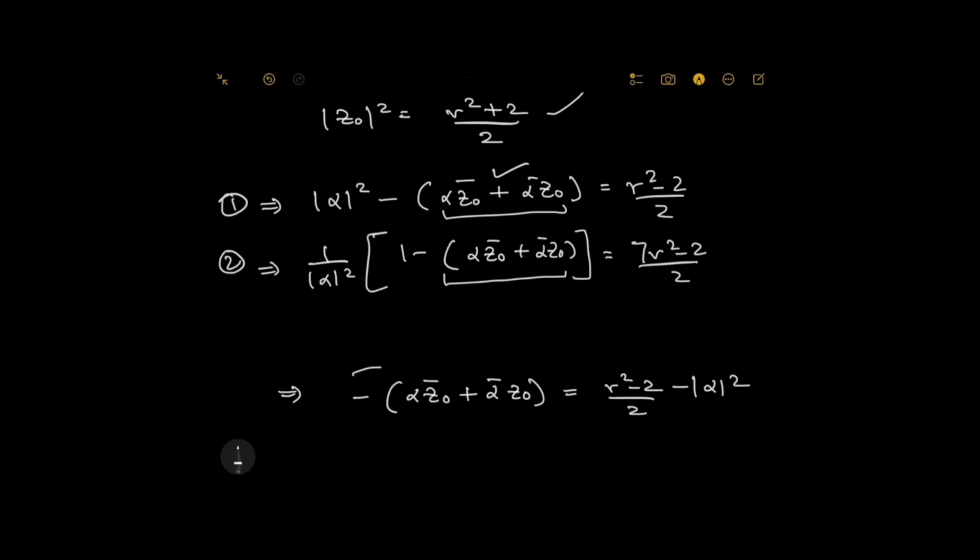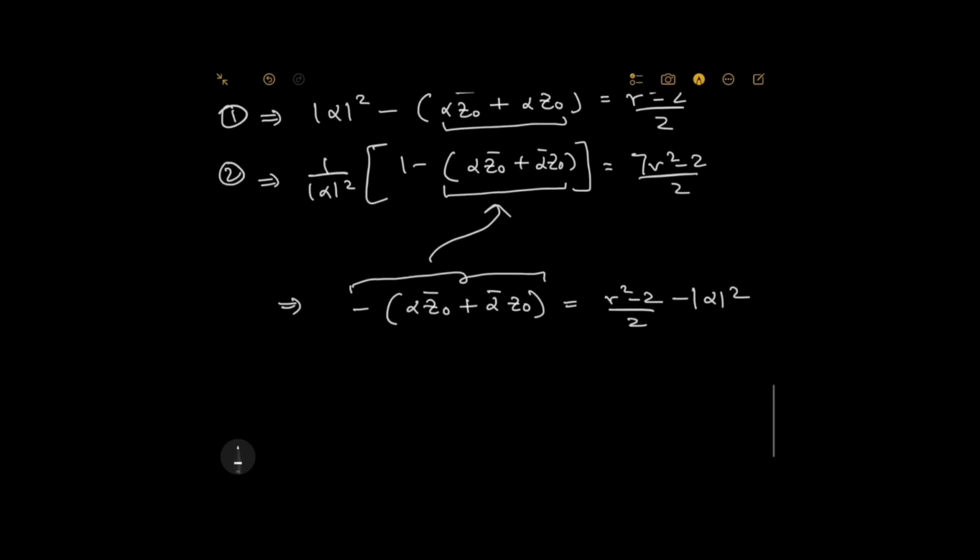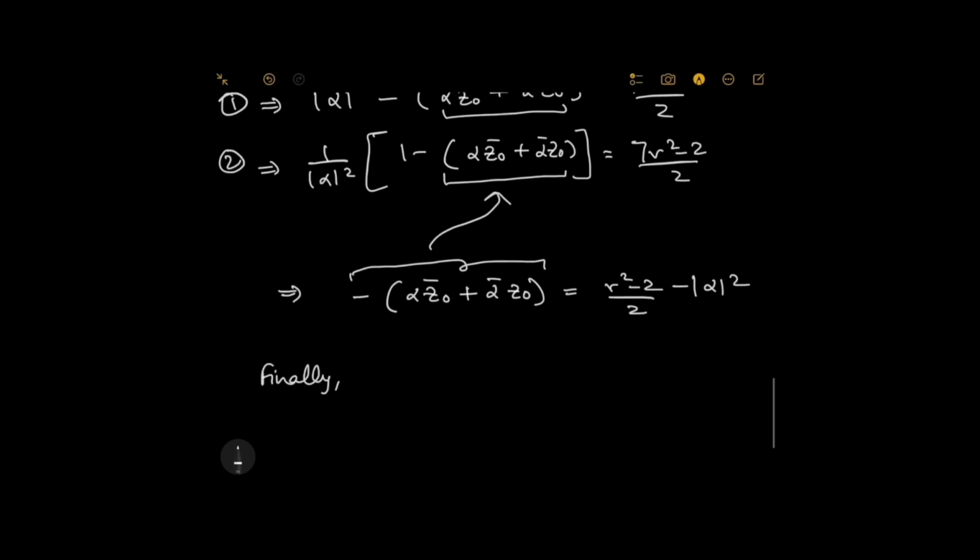Now we will be using this in here. Finally we get one. A minus sign is here also, and we have taken the value of minus sign here also, so the net effect will be plus here.